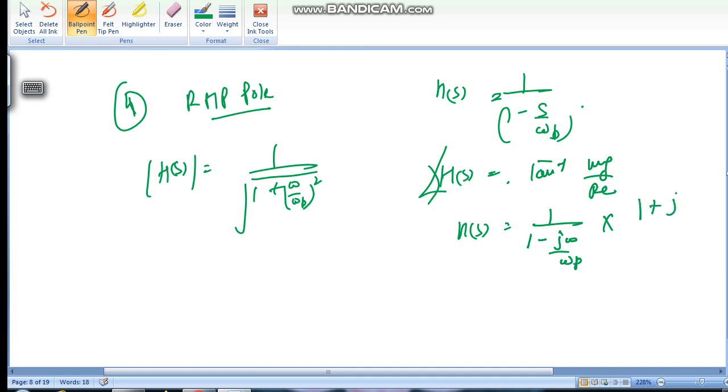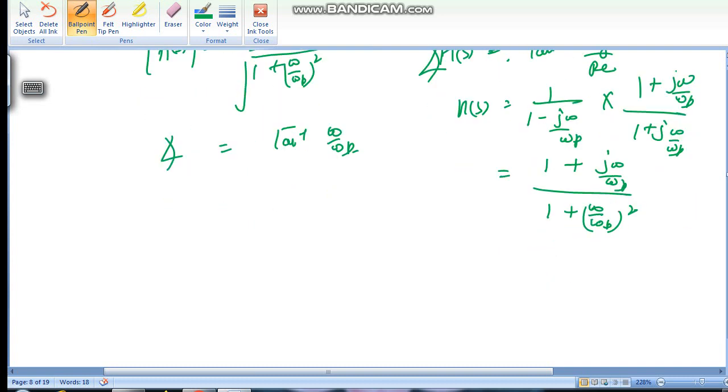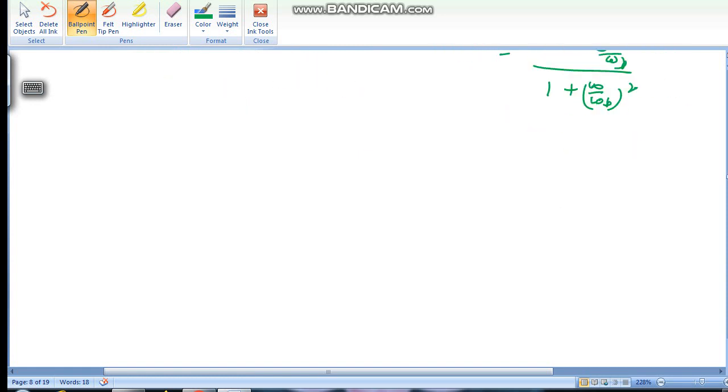So multiply by 1 plus j omega upon omega p, which gives 1 plus (omega upon omega p) squared in the denominator. So the phase is tan inverse omega upon omega p.